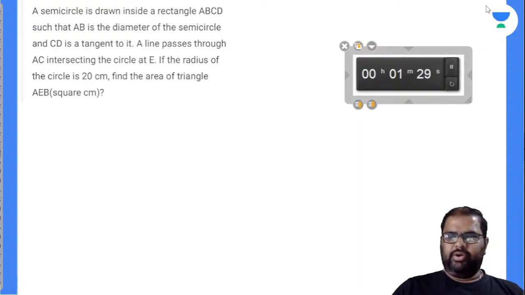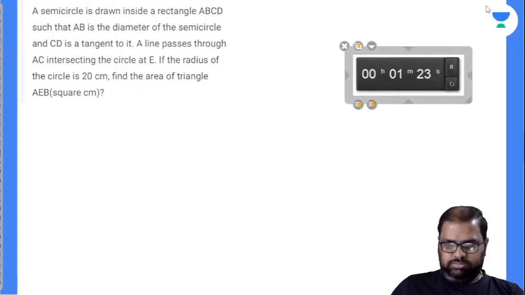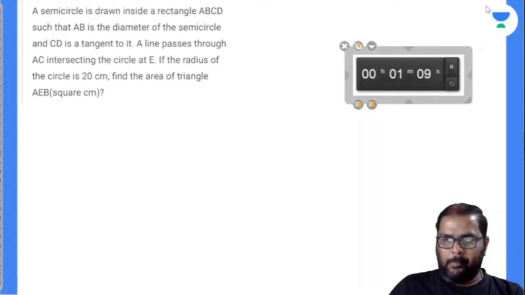You are asked to find out the area of the triangle AEB. One of the finest questions here. Srinivas, what's your answer there for this? Hi Aniket. Bolo Aniket. A semicircle is drawn. This is also a question which is formed by rehashing the previous questions only.